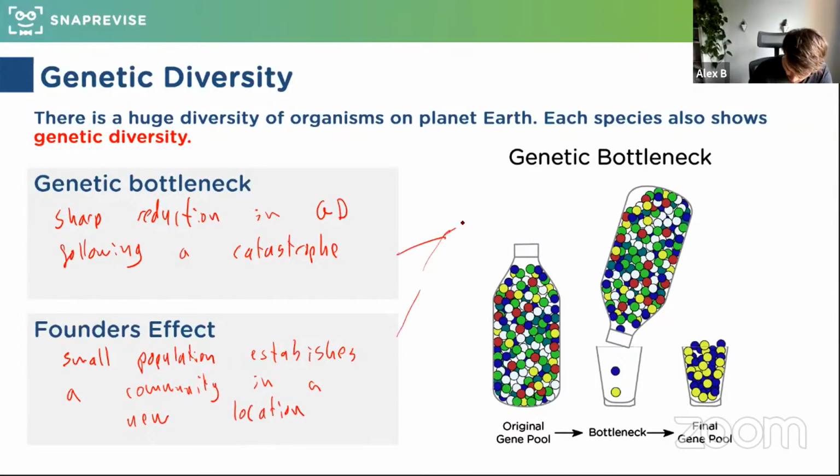So both of these reduce genetic diversity. Reduced GD equals higher extinction risk.